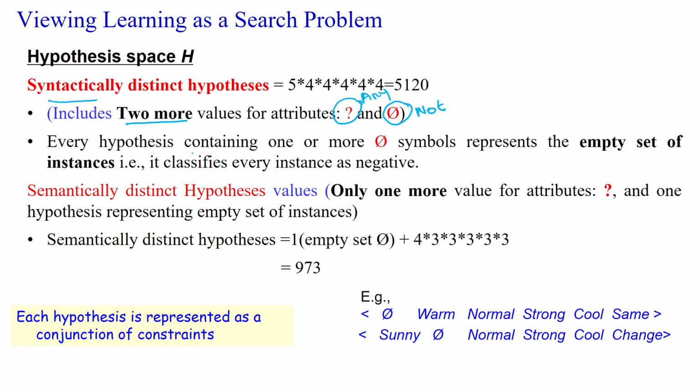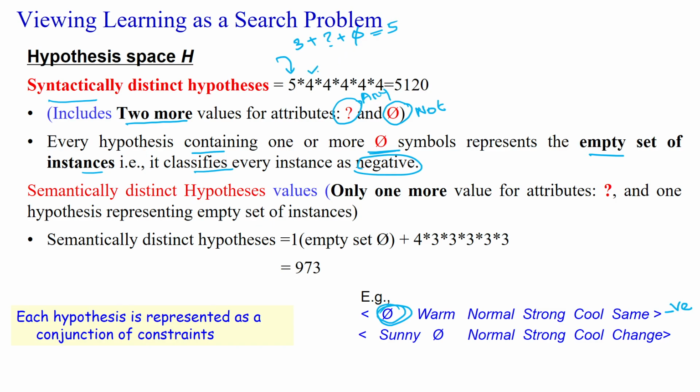So every hypothesis having one or more null symbols represents the empty set of instances. That means it classifies every instance as negative. Suppose it has the null set, then it is called a negative training sample. So in the syntactically distinct hypothesis, sky already has three attribute values plus this question symbol and null value, so totally we have five attribute values.